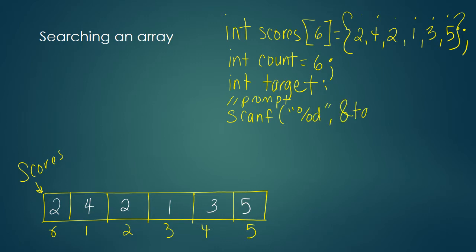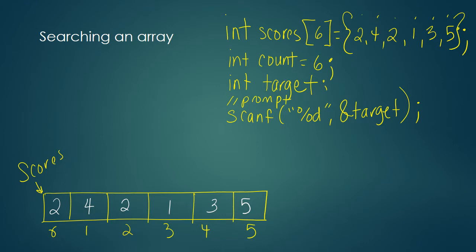My prompt is asking the user to enter a number, and then I'm going to search through the array to see if I can find a match for that number.